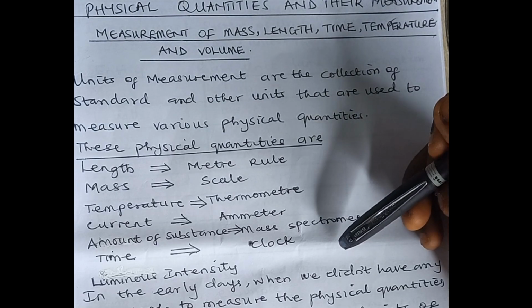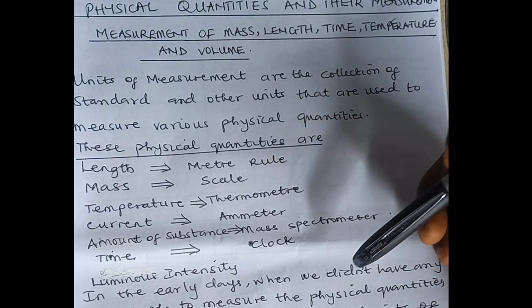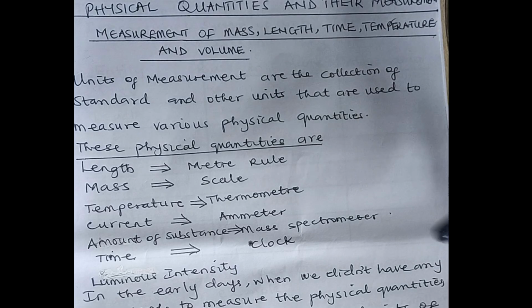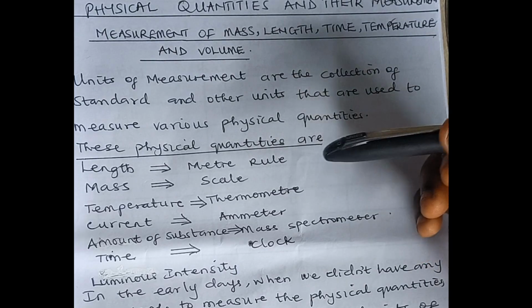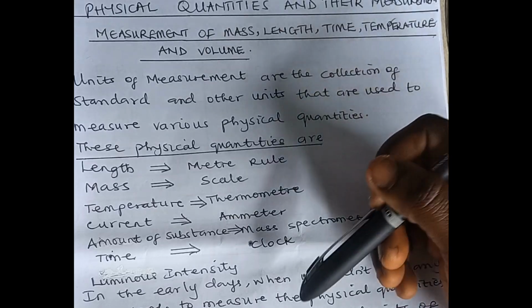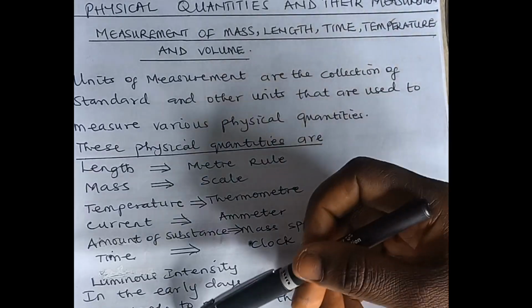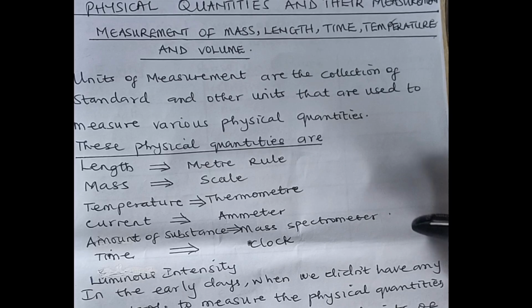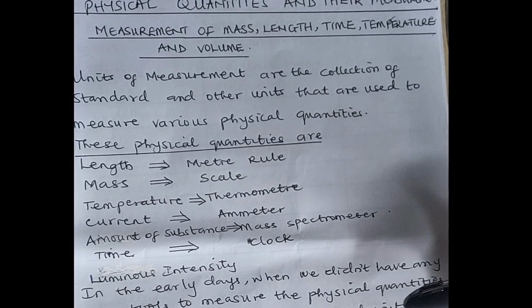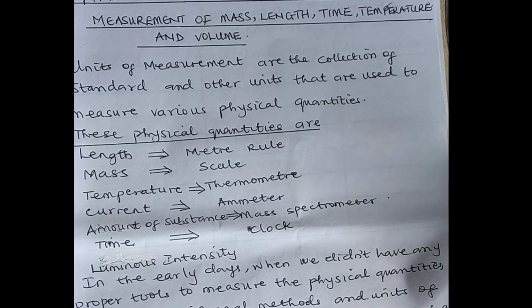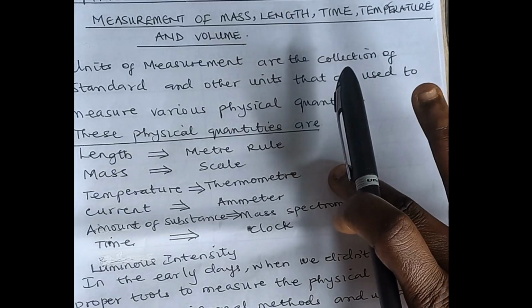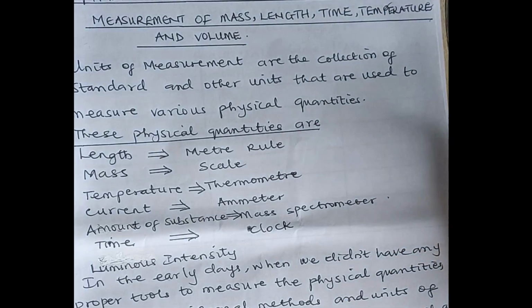Now, in the early days, we didn't have any proper tools to measure the physical quantities. We only used body parts, that is some informal methods and units of measurement. For example, in the early days we used body parts such as hand span, foot span, arm span, cubit, and pace. We used them to take measurements.